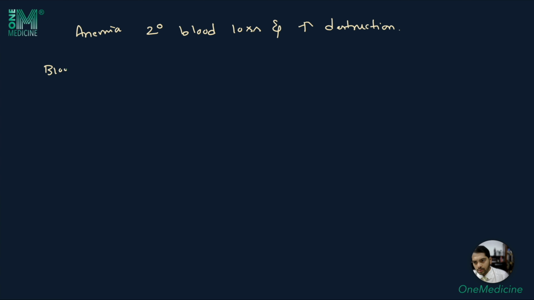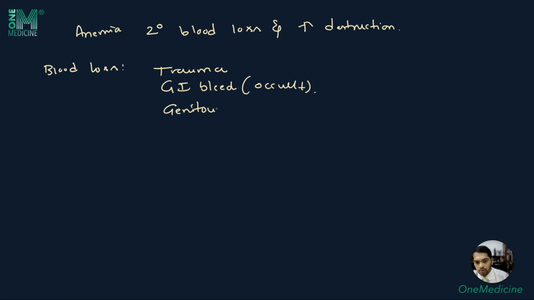Blood loss. This can happen due to trauma, gastrointestinal bleed, which can be occult, but rarely it can also happen because of genitourinary sources, including menorrhagia, increased cyclical bleeding in females along with prolonged bleeding, and it can also happen because of gross hematuria.